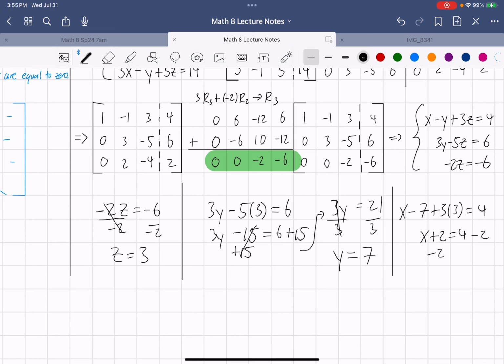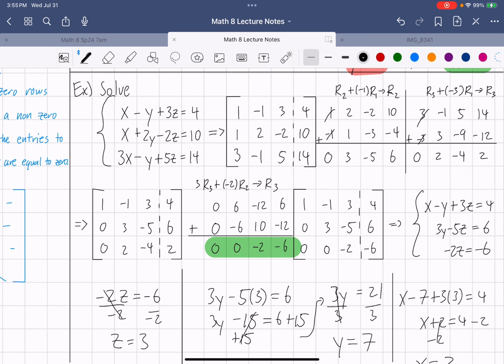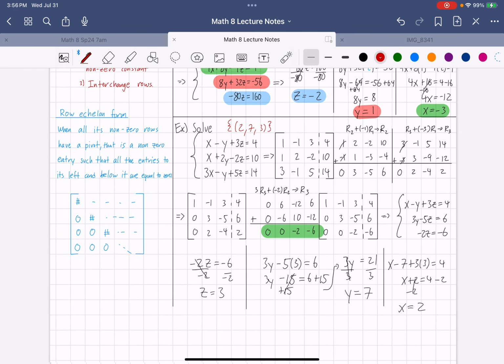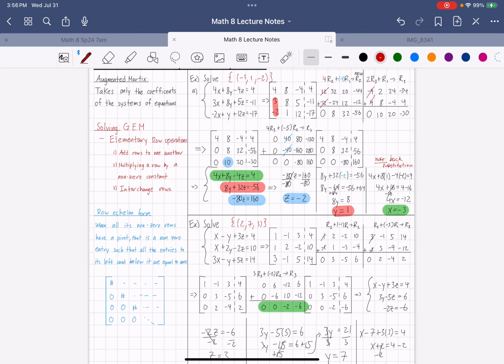We're going to subtract 2 from both sides. X is going to equal positive 2. And there is my solution. So x is 2. Y is 7. And z is 3. And there's my answers. And there we go.